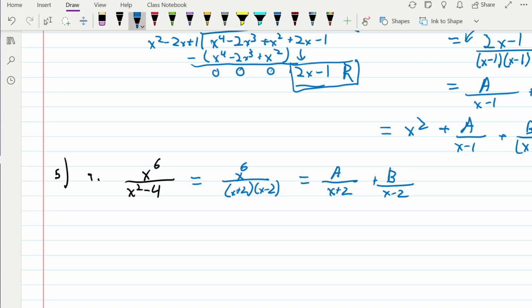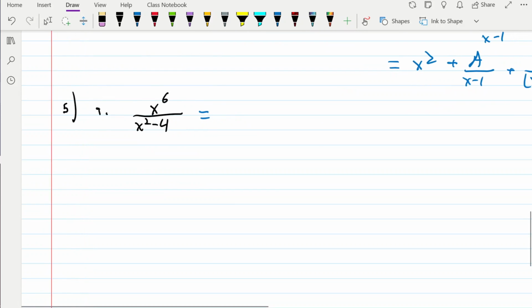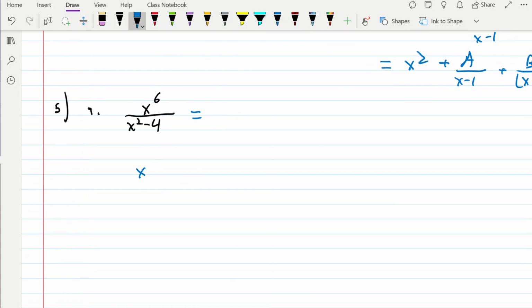And then we can just check real quick. Oh wait, I forgot to do the long division. So we got to wait a second and actually do the long division. So we got x to the 6th divided by x squared minus 4.